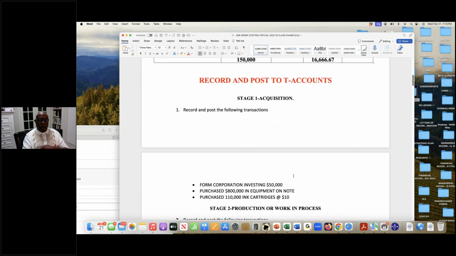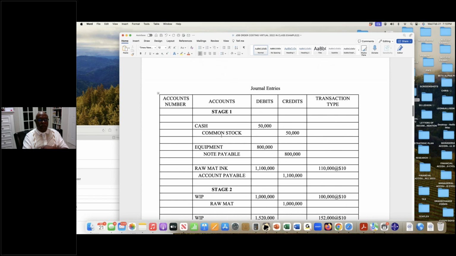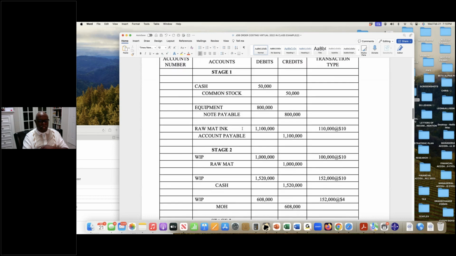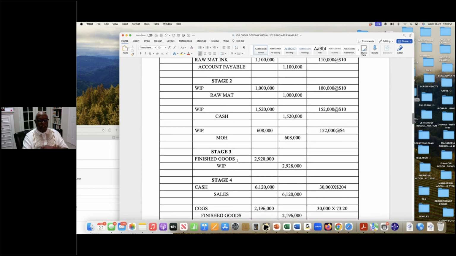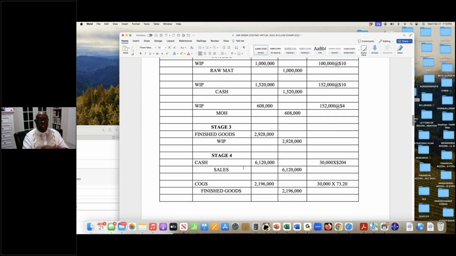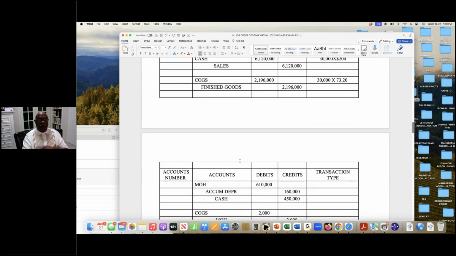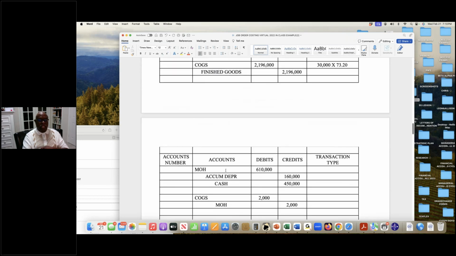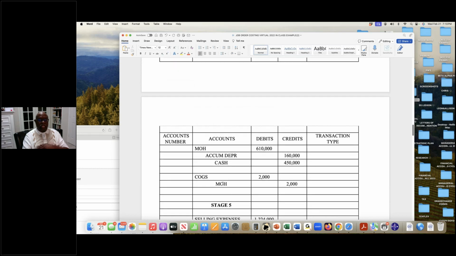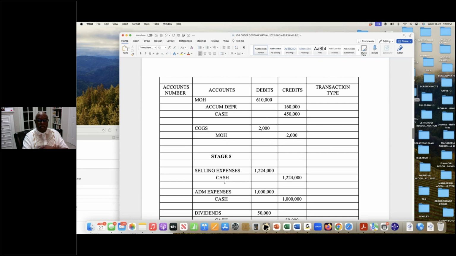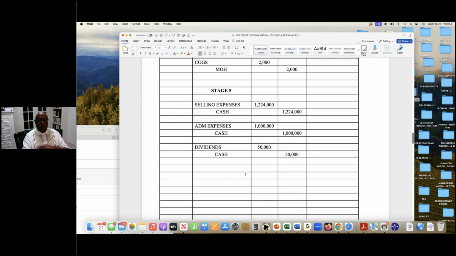Then we made journal entries in stage 1 to buy the raw materials and sell it to the company, stage 2 to make the product, stage 3 to transfer the finished goods, stage 4 to sell the items with 2 journal entries, as well as record the actual manufacturing overhead and the under applied overhead. Then in stage 5, we record the selling expenses and administrative expenses. Dividends is not a cash, so we don't put it on the income statement.